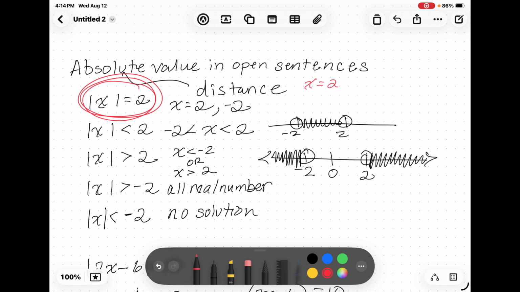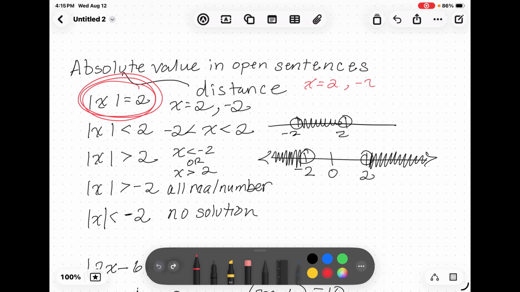And I would also be able to say that negative x is equal to 2, the opposite of x is equal to 2. And then when I solve for x there, I get x is equal to -2. So there I get my 2 and -2. Maybe that could help.